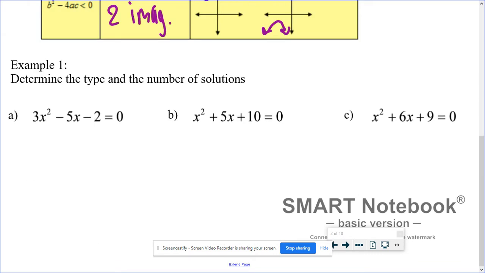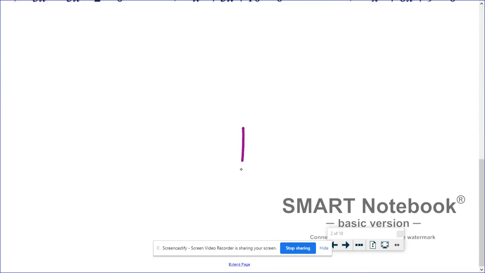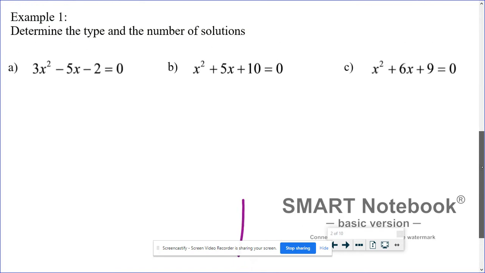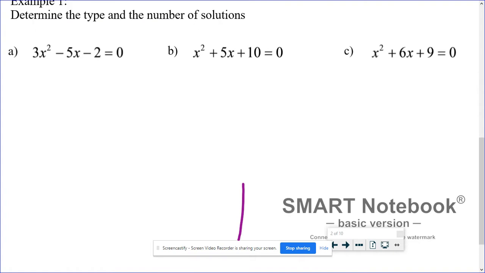So the objective stated that you can use the discriminant to tell you the type and number of solutions. We're going to do that with these three examples. We're not going to actually find the solutions, just figure out how many solutions we have and what type they are.